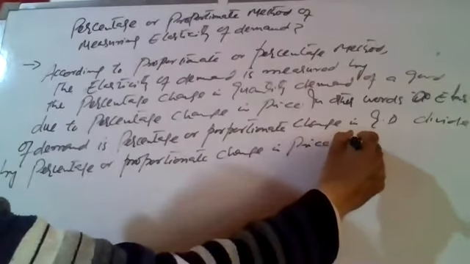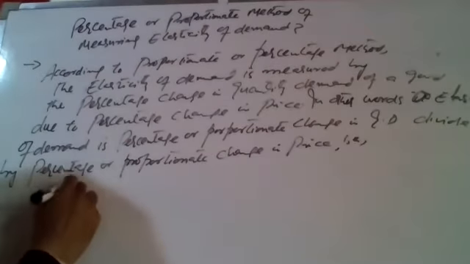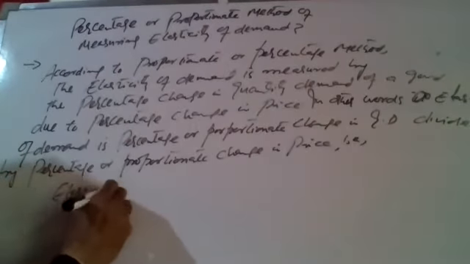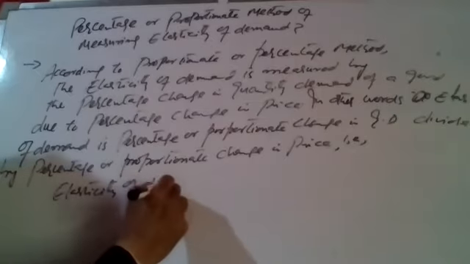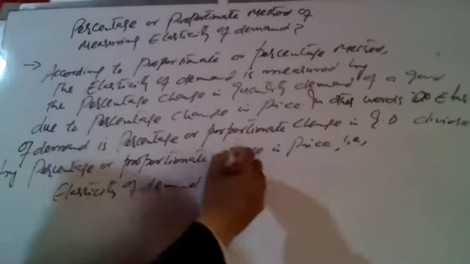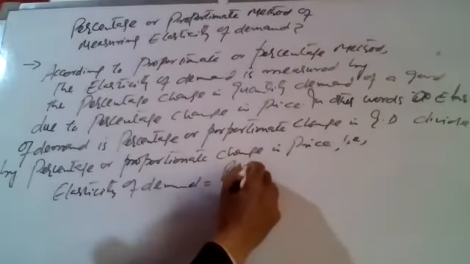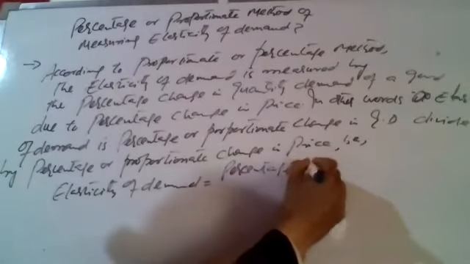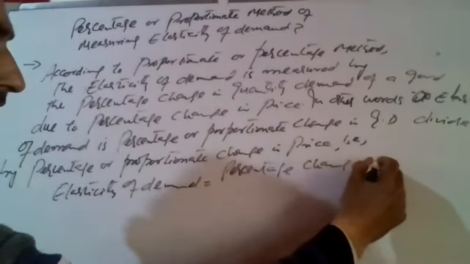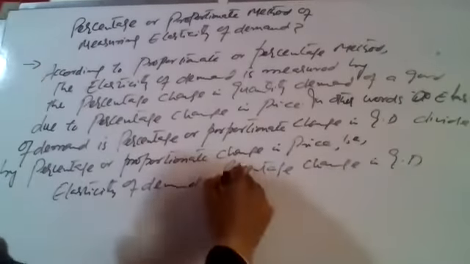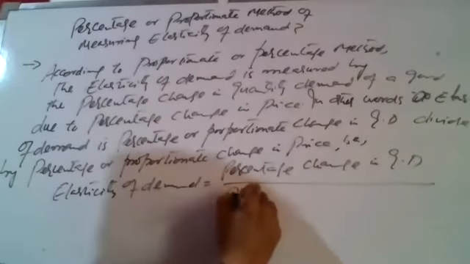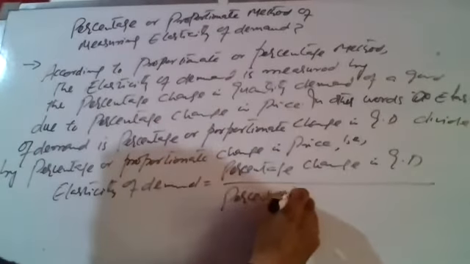That is, elasticity of demand is equal to, according to percentage method, percentage change in quantity demand divided by percentage change in price.